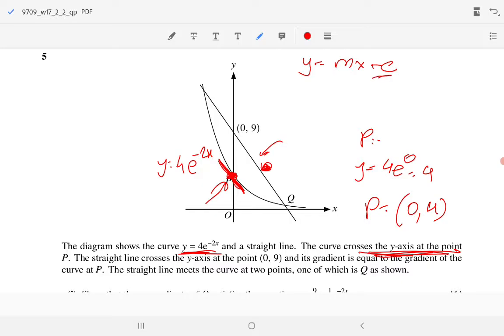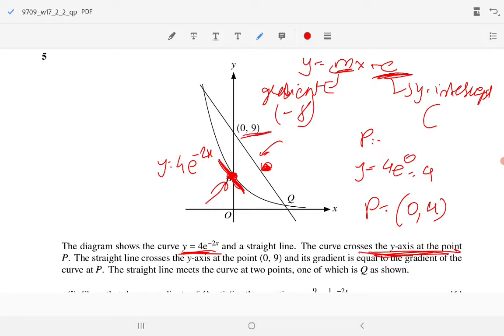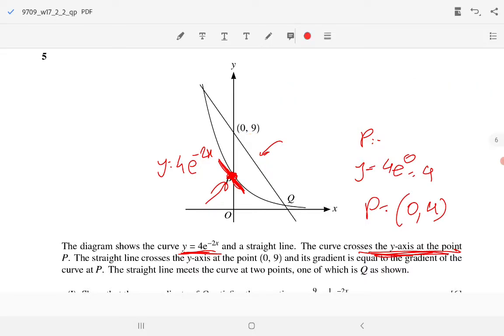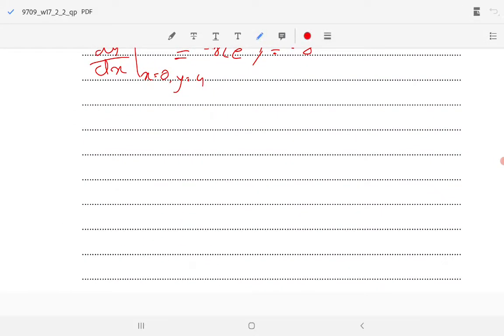We know c is the y-intercept, and the gradient, which is m, we just found, minus 8, and the y-intercept is 9 for the line. So we just substitute in, and we get y equals minus 8x plus 9.